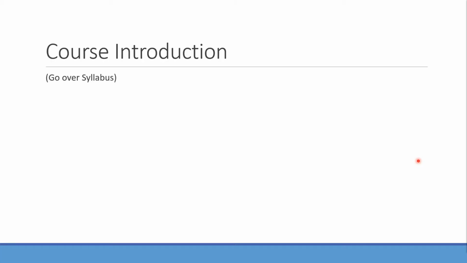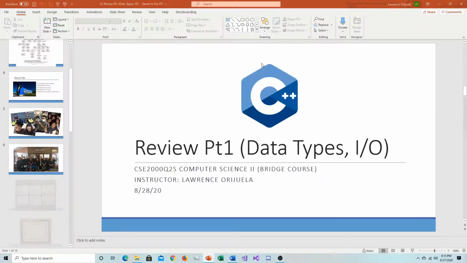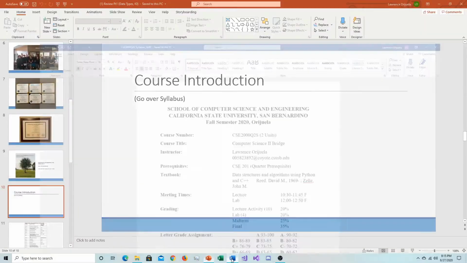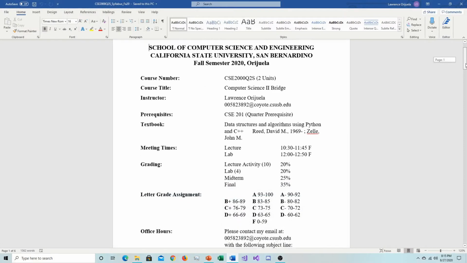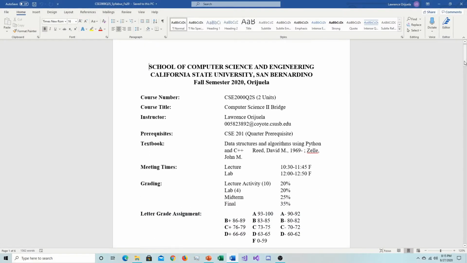Okay, so now it's time to go over the syllabus. Let me do this real fast. A few days ago, you should have already received an email from me with this syllabus attached and instructions on how to download Visual Studio 2019, which is the IDE that we're going to be using for this class.